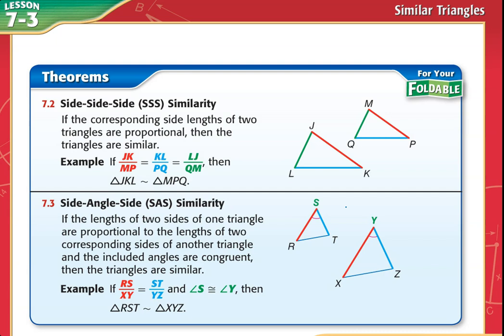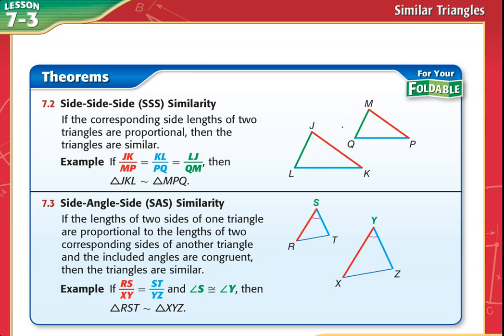For example, if the ratio of JK to MP is equal to the ratio of KL to QP, which is also equal to LJ divided by QM, then the two triangles are similar.